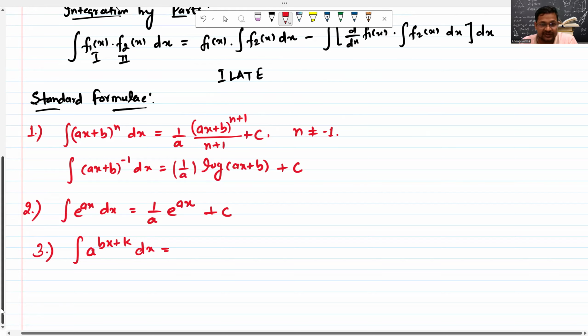So this is equal to a to power (bx plus k) upon b, log a to the base e, plus some constant c, and this a is not taken to be 1. So remember this formula.